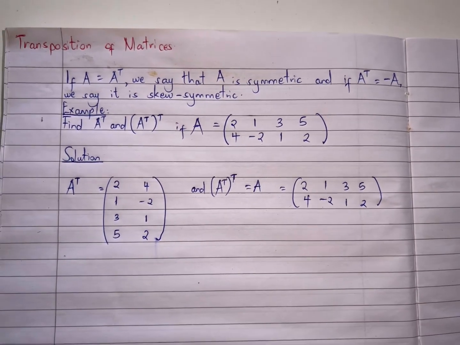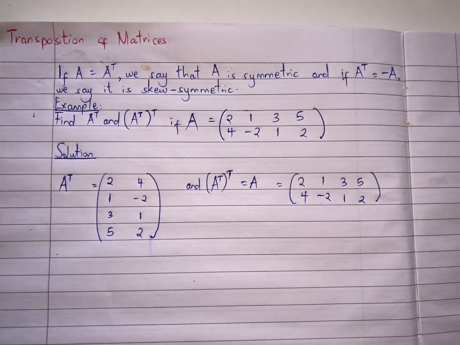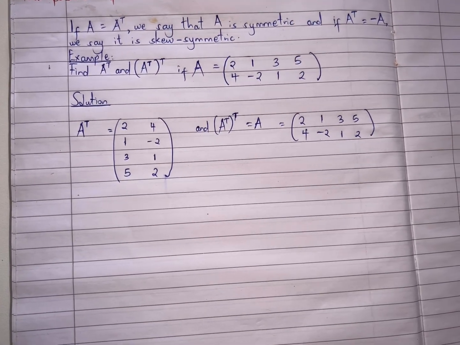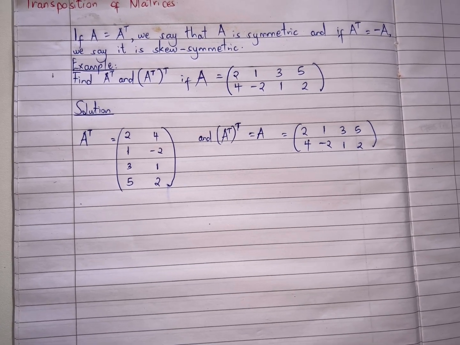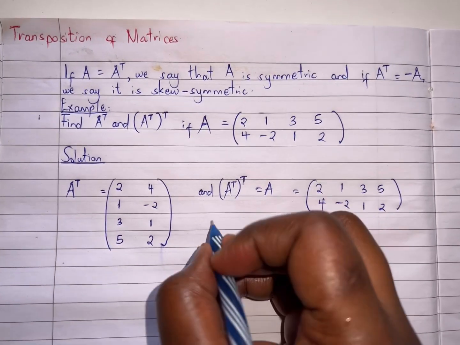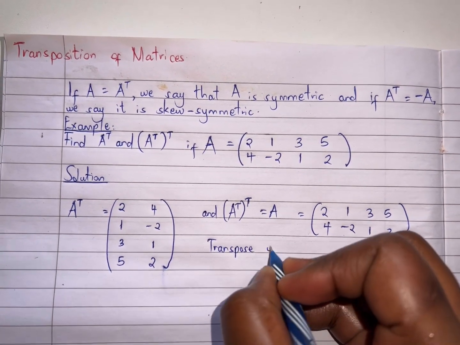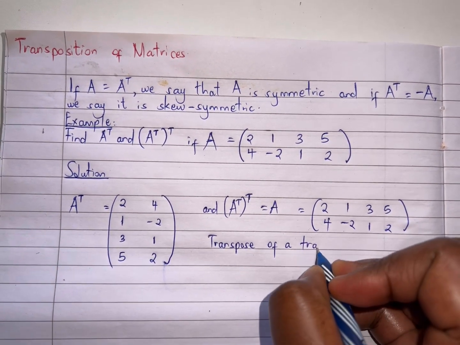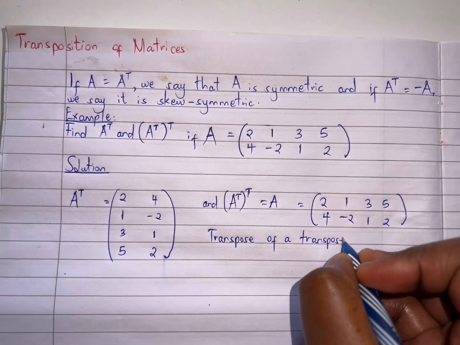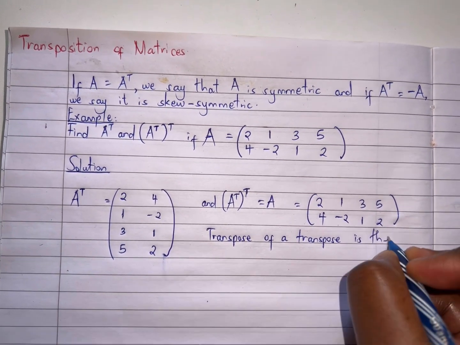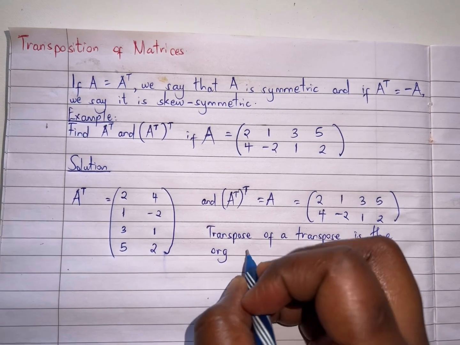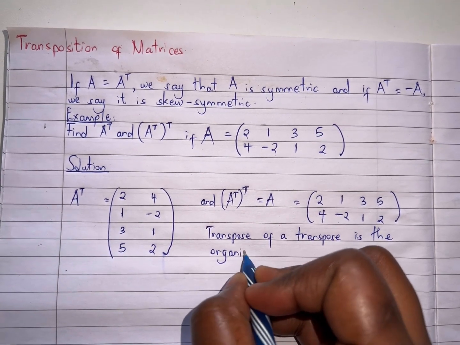We've just changed it back to how our matrix was before, so we have 2 rows and 4 columns. What you need to know is the transpose of a transpose is the original matrix. You're changing it back into its original form.